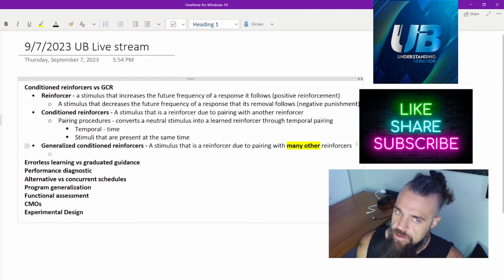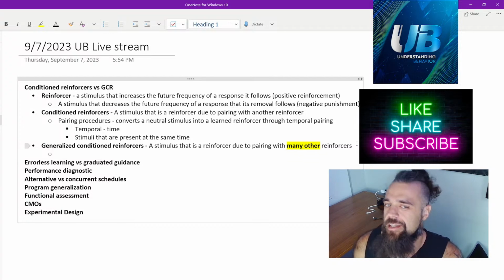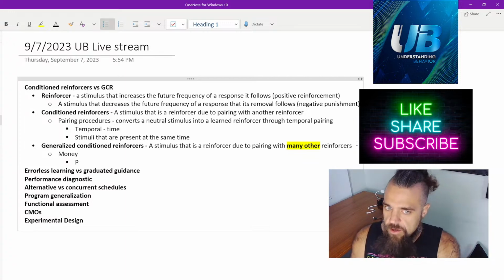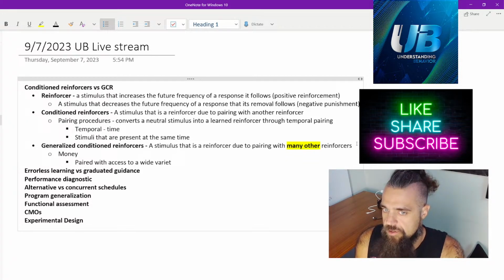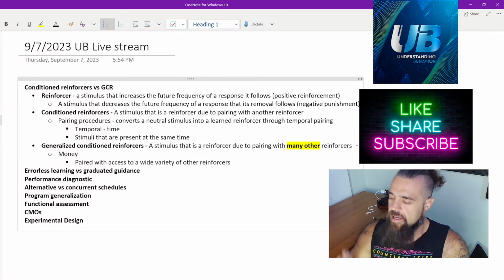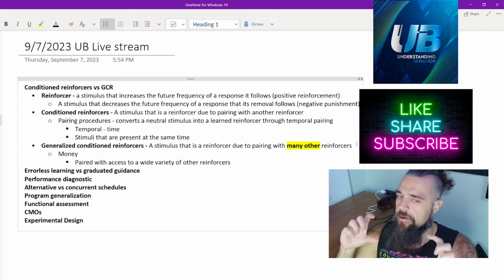So the best example of generalized conditioned reinforcers is money, because money is paired with access to a wide variety of reinforcers. Money is not used to only get one thing. It's not like a coupon to get one free pizza.